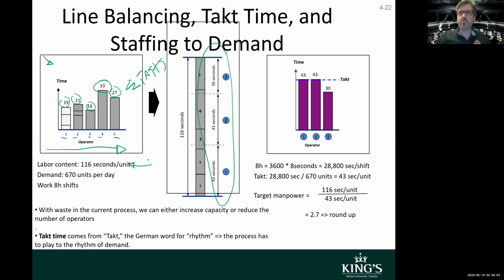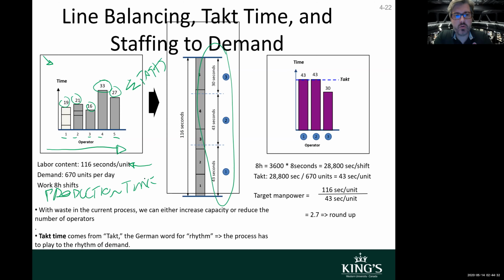Now, if I know what my demand per day is, 670 units per day, and I know my available production time, now I can start thinking in terms of what will be my target manpower that will enable me to run my process according to the pace of demand, right?